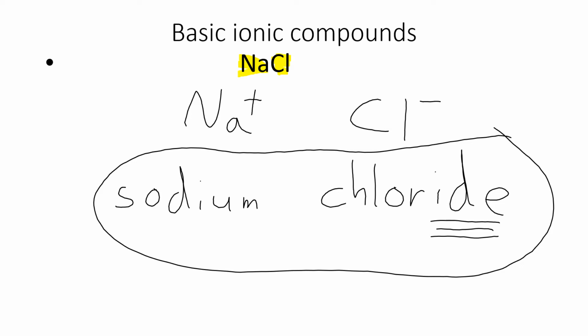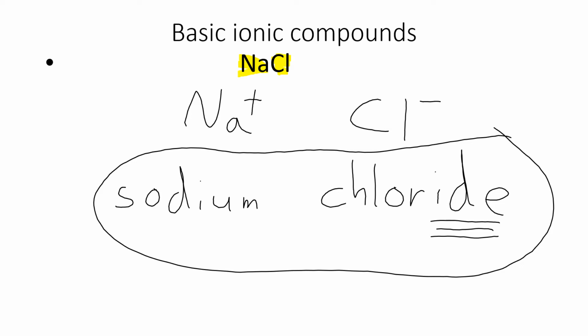Couple things to notice about this one, and we'll point this out. Notice the idea of charge balance in this. We have the same amount of positive charge that we have of negative charge, +1, -1. Also notice that when we just say sodium chloride for the name, it doesn't contain any of the prefixes or any overt way of telling how many of each element are present in that.